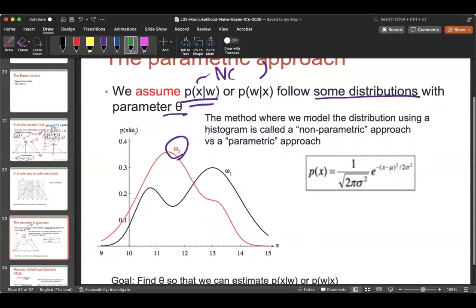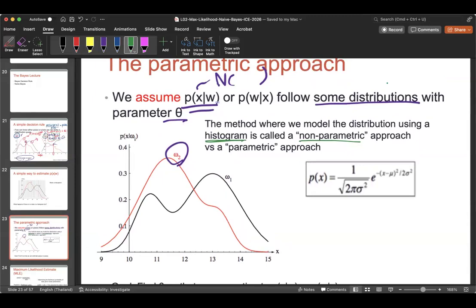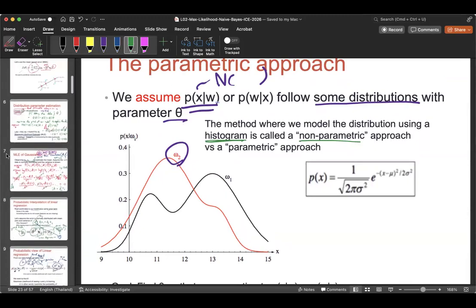On the other hand, using a histogram, we call it a non-parametric approach, where we want to estimate the model. And we talked about this before: if we want to estimate some parameters, we can always do maximum likelihood estimate.